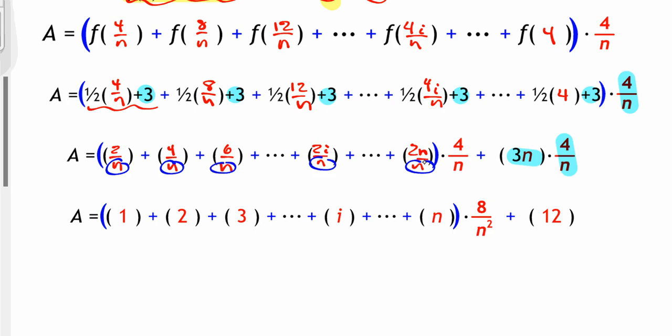Oh, so I have all this stuff that's multiplied together. And then this piece comes from factoring out all of these 3's. So I factored the 3 out, and then I multiplied it to the n over 4 to make it a separate term, because inside here, they're all getting multiplied to that 4 over n. So when I take them out, they all have to get multiplied to that 4 over n.